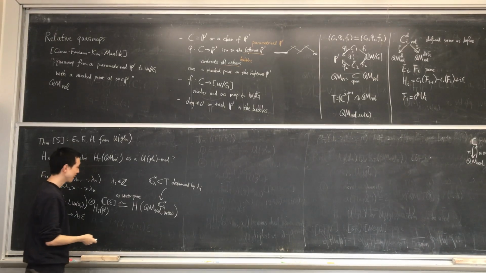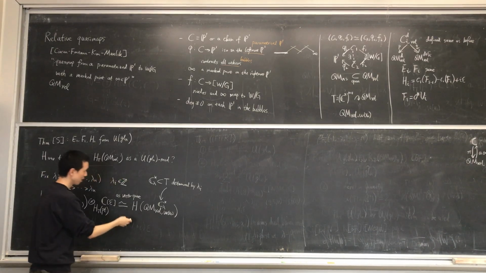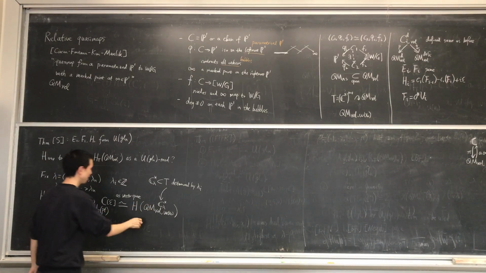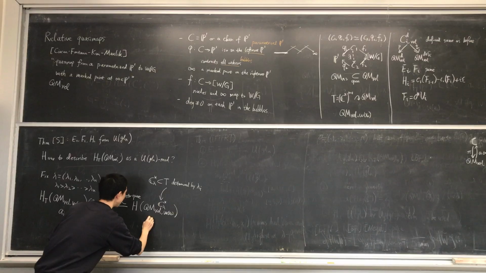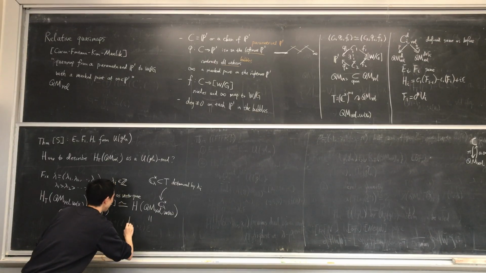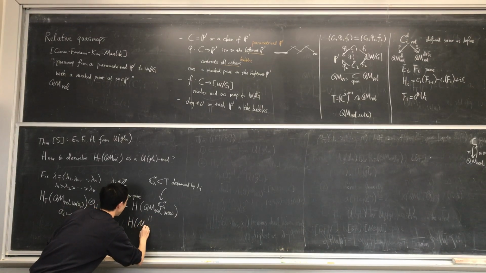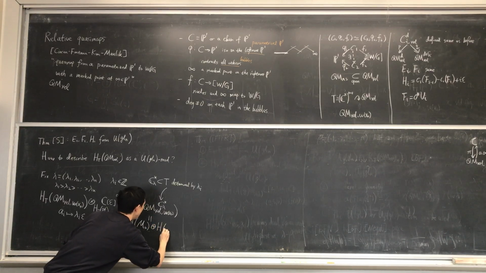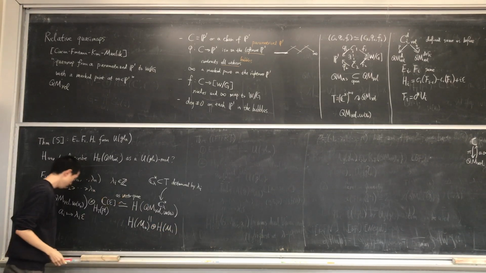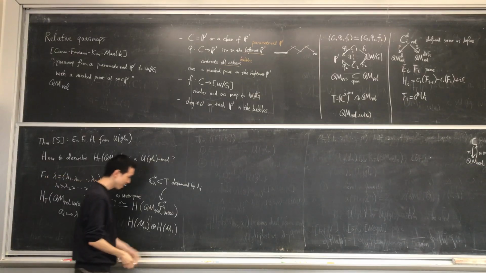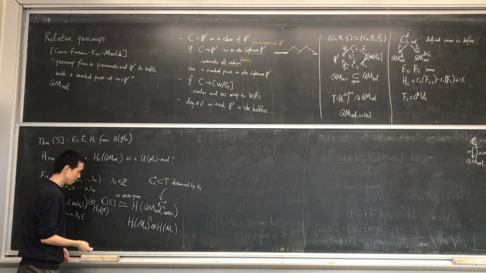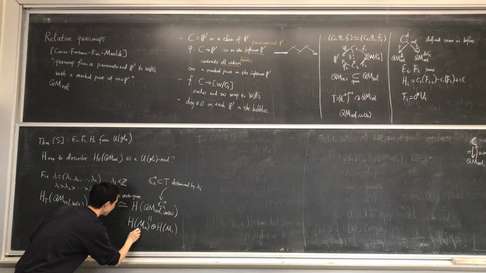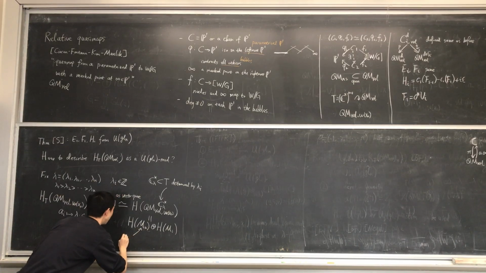And inside this space, when you take the fixed locus, you can further decompose it into two parts, which I'll call M0 and M1, where M0 are the connected components that intersect with non-singular quasimaps.